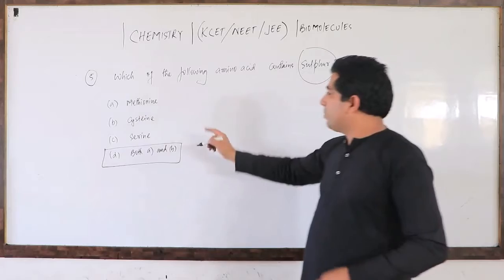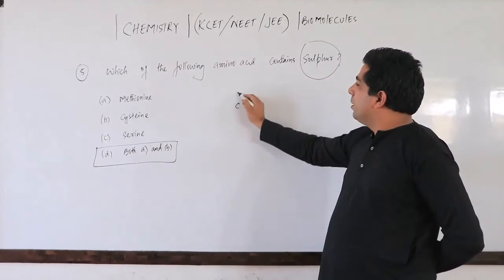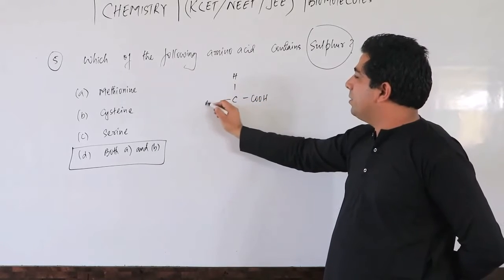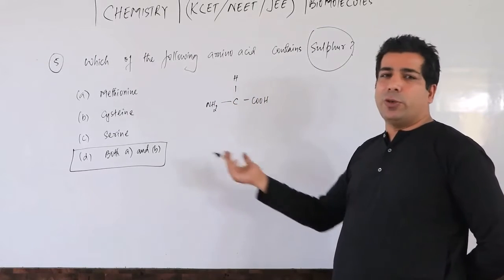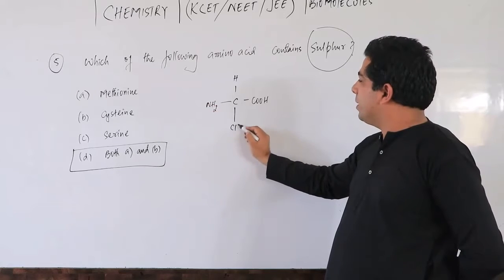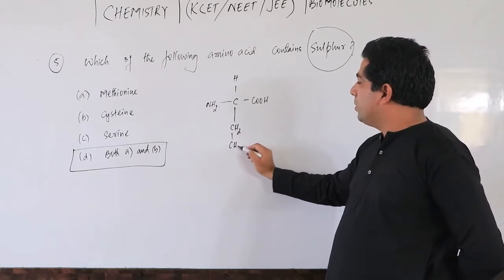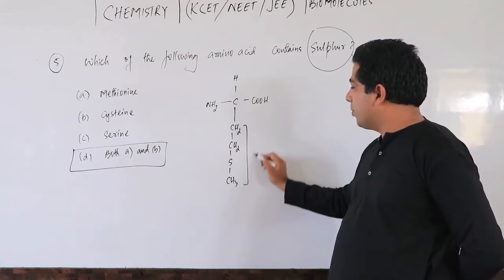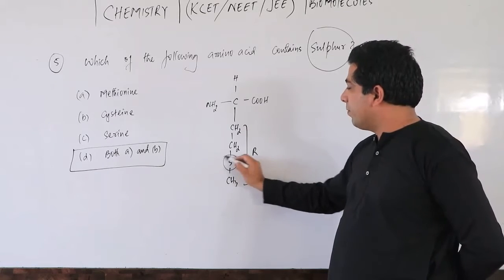Let us draw the structure of methionine. This is the basic structure everybody knows: carboxyl group, hydrogen, and amino group. The R group in methionine is CH2, CH2, S, CH3. Now it contains sulfur.